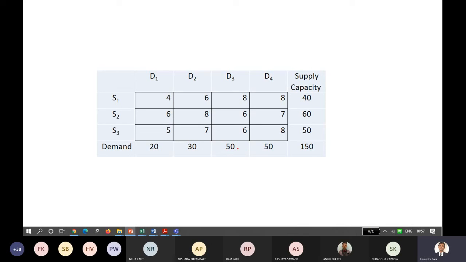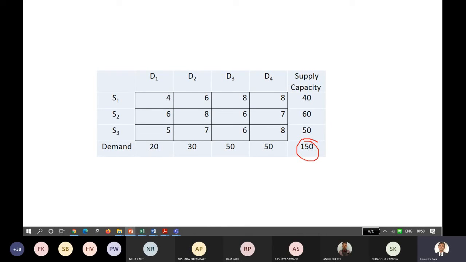So it's a matching condition. That means demand is equal to supply. Is it okay? That means this is a balanced problem.